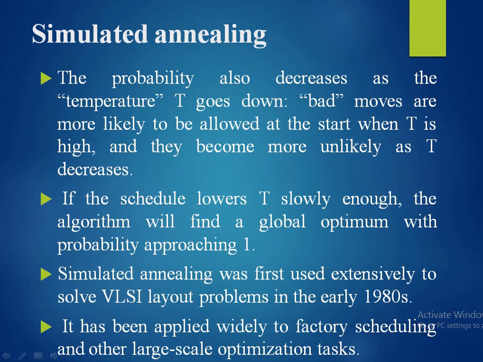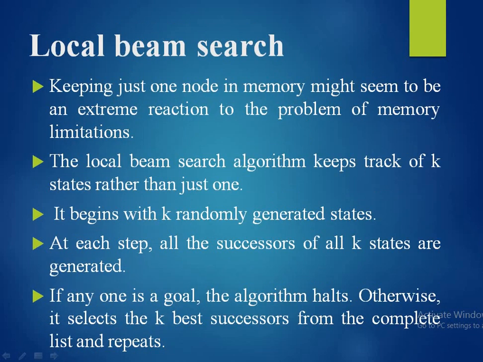Simulated annealing was first used extensively to solve VLSI layout problems in the early 1980s. It has been applied widely in factory scheduling and other large-scale optimization tasks. So that is all about simulated annealing.